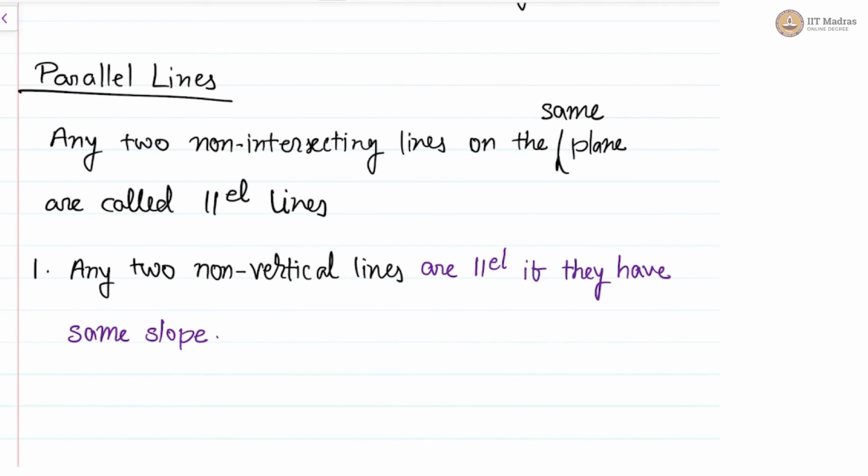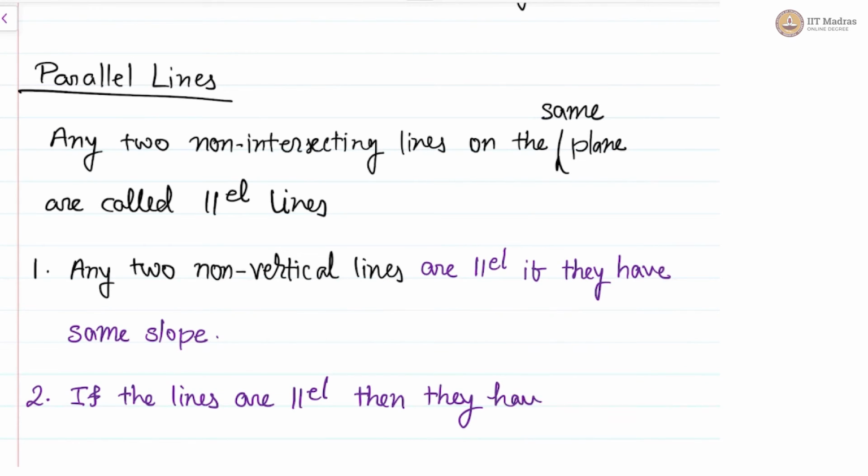In a similar manner, I have already said if they have the same slope, these lines are parallel. In a similar manner, if the lines are parallel, then they have the same slope.